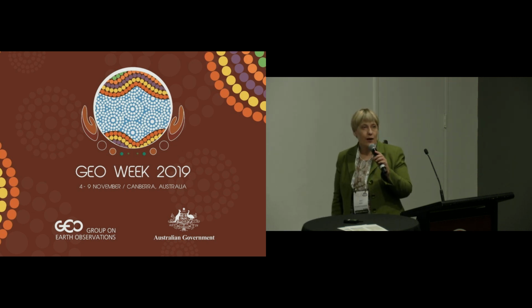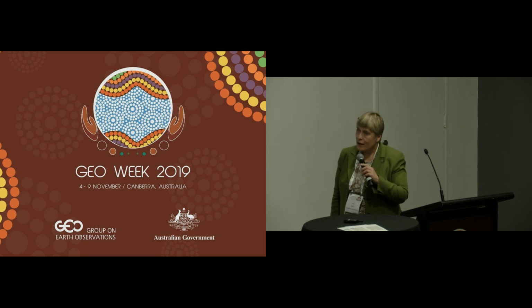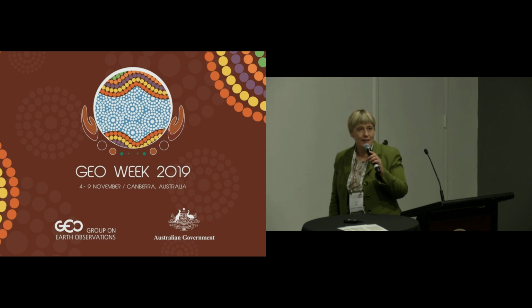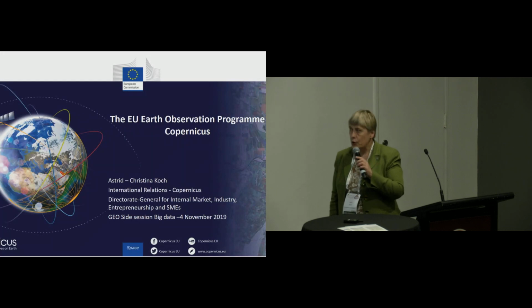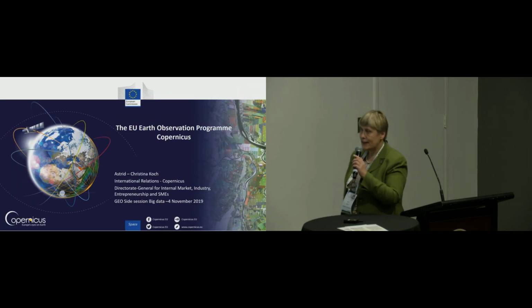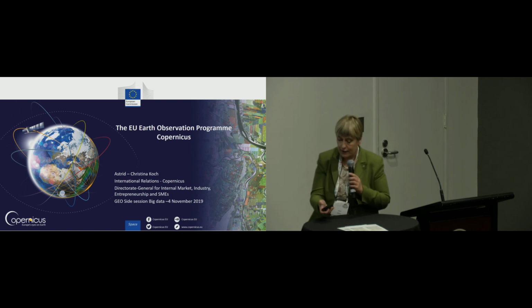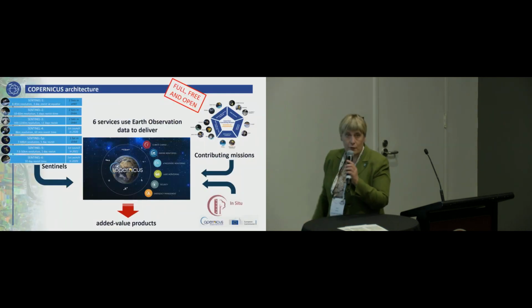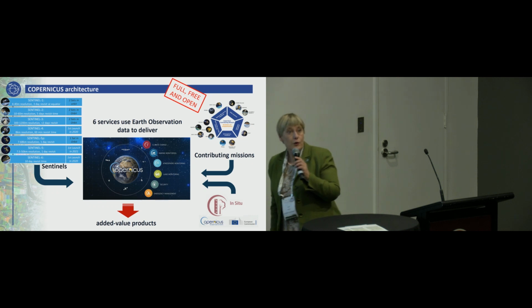I would like to talk a little bit about the Copernicus program. Independently from the slides, you know that the Copernicus program provides the Sentinel data free, full, and open.